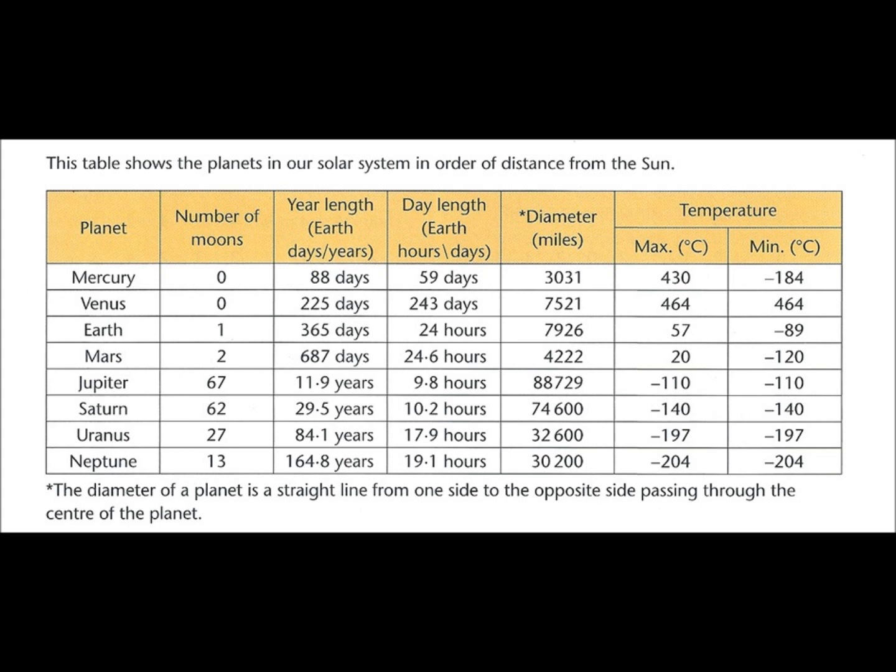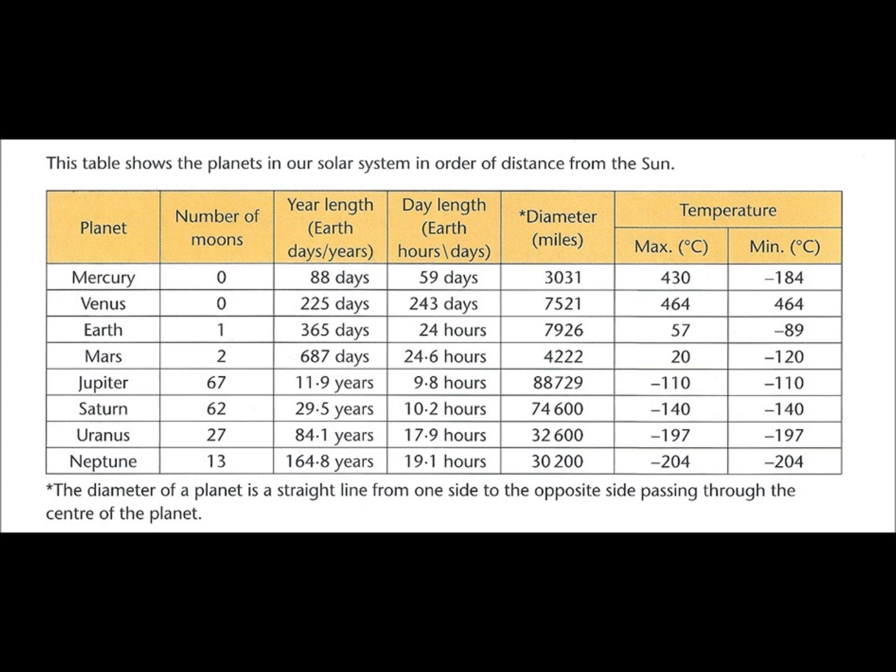Now, if we think about which planet is the hottest, we're now looking at the maximum temperature, the biggest number, and we're looking for the biggest positive value. You can see that we've got 430 degrees, 464, 57, 20 degrees, minus 110, minus 140, minus 197, minus 204.